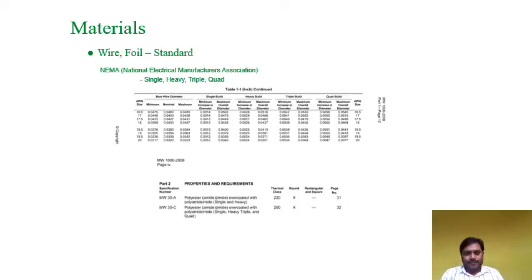Next material is the winding material, which is either wire or foil. It is a magnet wire, and magnet wire follows certain regulatory standards, which are called NEMA and UL. NEMA is the National Electrical Manufacturers Association, and this defines how the magnet wire has to be: single, heavy, triple insulated or quad.